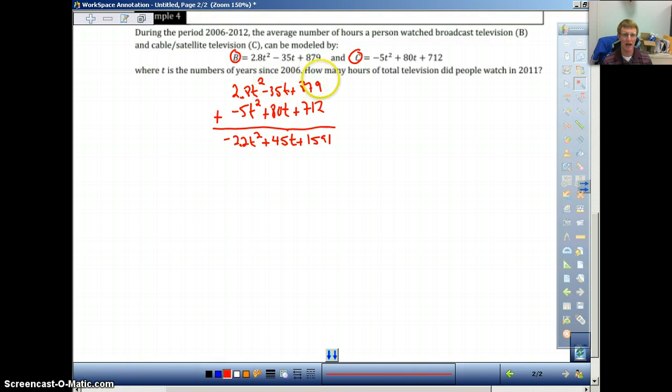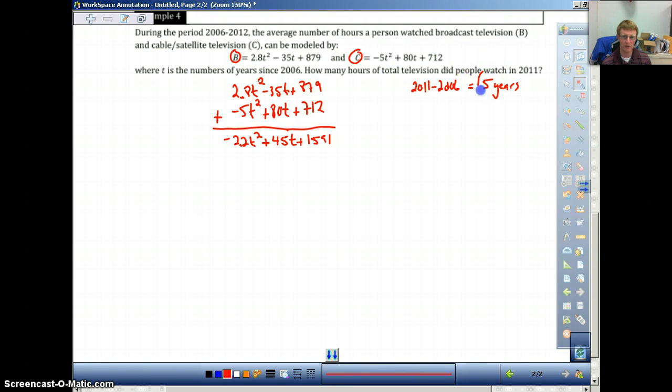Now it says, how many hours of total television did people watch in 2011? Well, what you need to do is, because we started in 2006, you need to figure out how many years have passed in 2011. Well, 5 years have passed, so from 2006 to 2011, you would do 2011 minus 2006 equals 5 years.